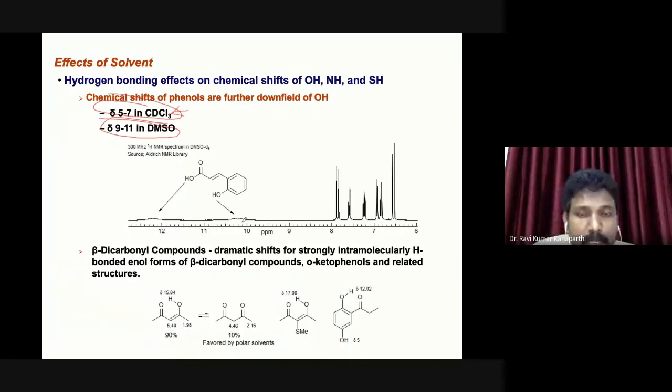One very significant feature of OH, NH or SH protons is that you cannot find them as a very sharp peak. They will be seen as a broad peak. Again, the reason is that they start exchanging with the solvent OH protons, right?